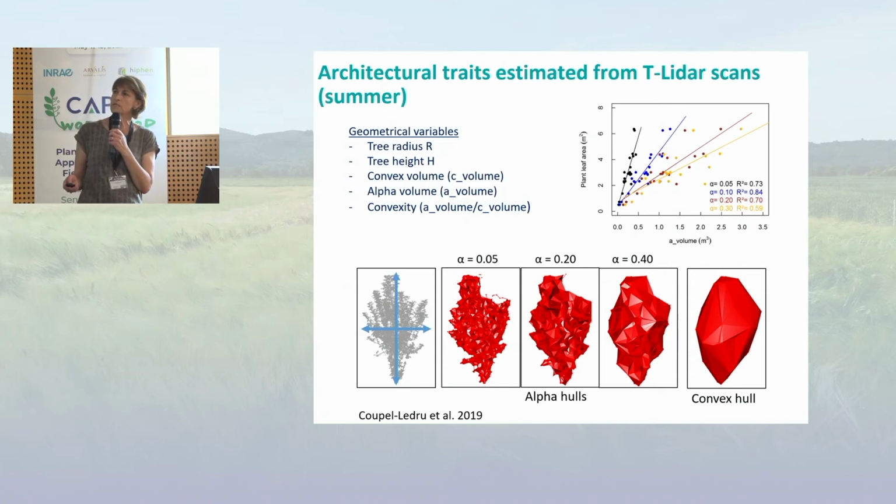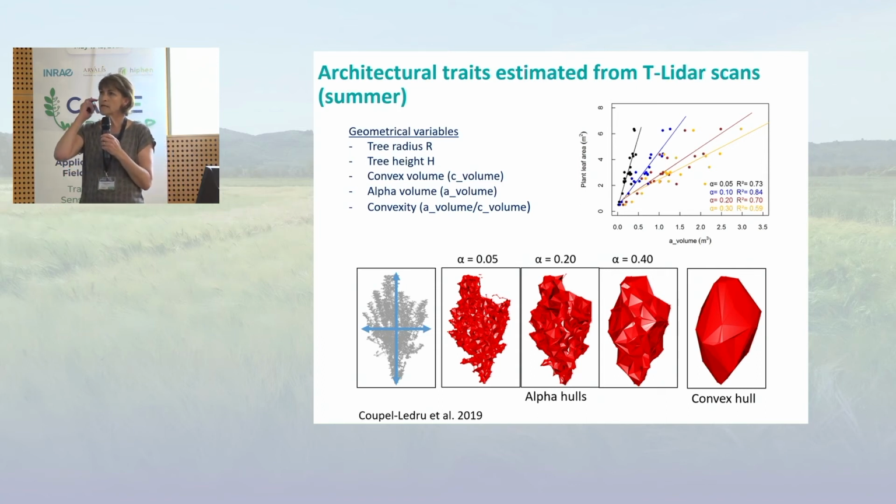We also estimated some geometrical variables. So we took the dimension, the height, and the diameter of the tree. Then we calculate an envelope, a global envelope. We call it the convex hull. And then we curved this volume by a circle, and we made vary the diameter of this circle to really go toward the estimation of the plant leaf area.